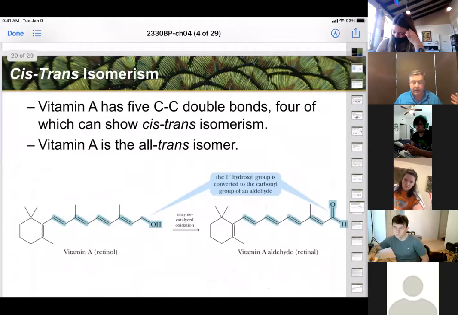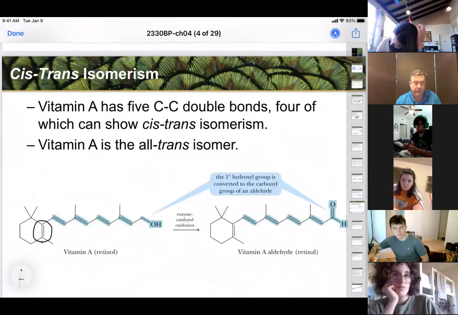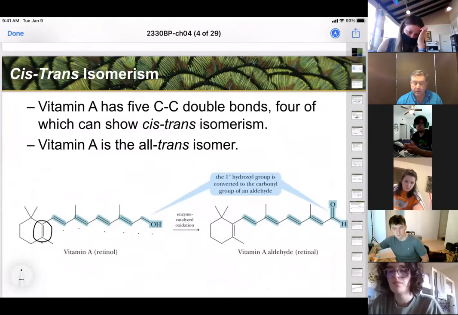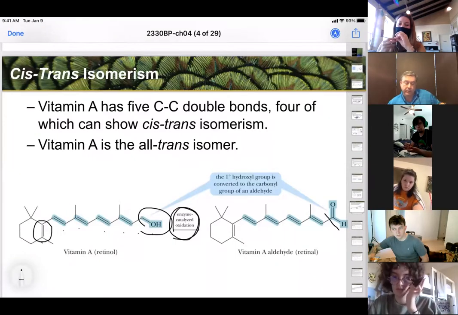So in the compound vitamin A, there is an all trans configuration except for in this ring here, which has a cis configuration. So notice all of the double bonds are in this trans configuration associated with that. And it's actually used by our body to oxidize this alcohol down to an aldehyde to be able to use it in the body.